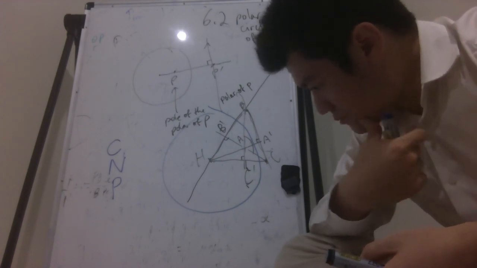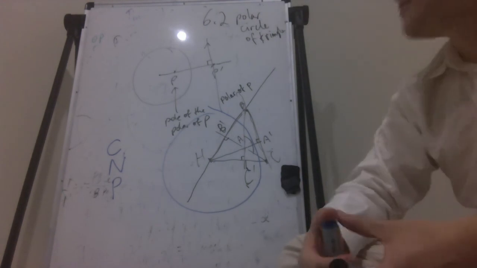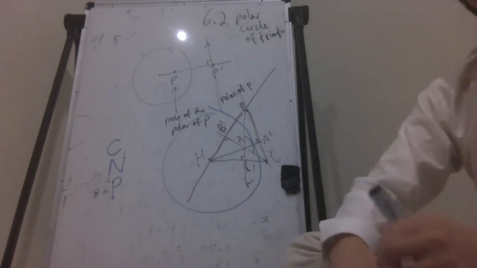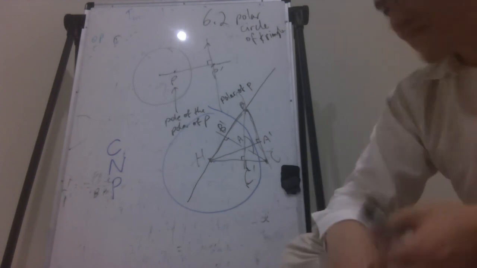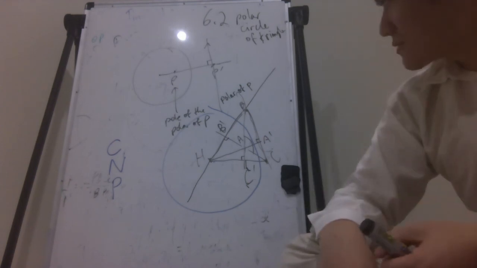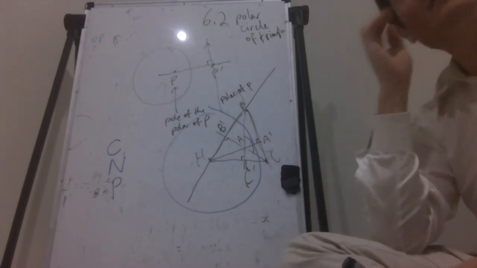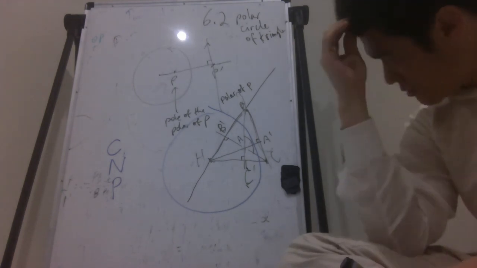Coaxial. Oh, yeah, because they have the same radical axis. Because we learned that, right? Because it's clear.